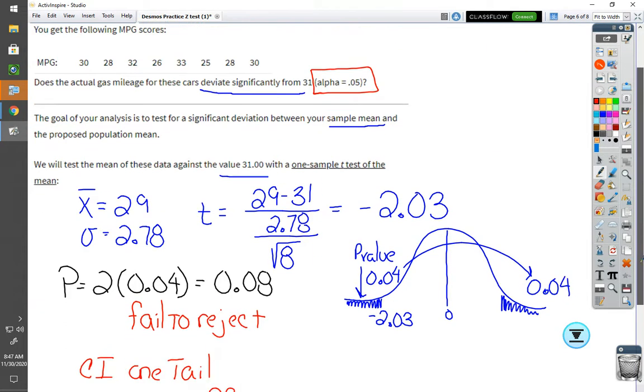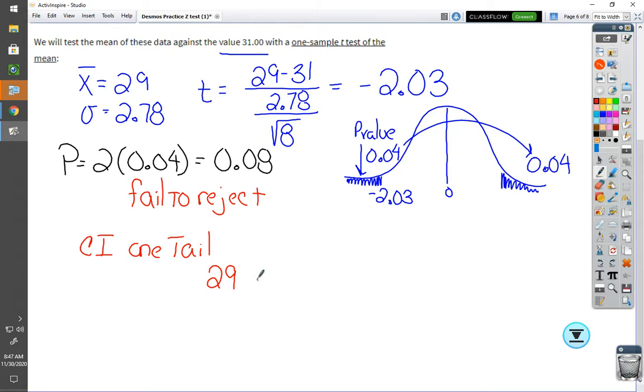So I have that 29 in for that sample mean. I'm adding and subtracting that one tail t-score, which was 3, multiplied by 2.78, which was the standard deviation, divided by the root of n, which was 8. Remember, not the degrees of freedom, but the sample itself.